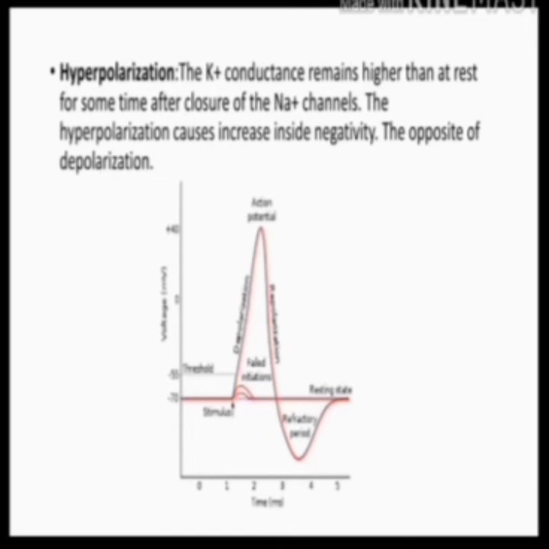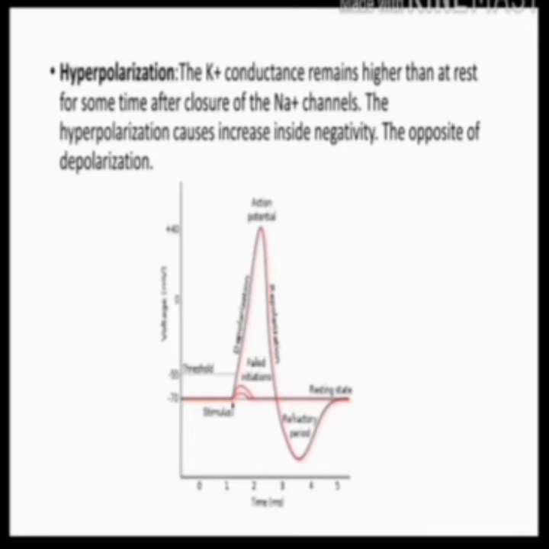Hyperpolarization: the potassium conductance remains higher than at rest for some time after the closing of sodium channels, because the inside of the cell wants to increase its negativity. That's why we need hyperpolarization.